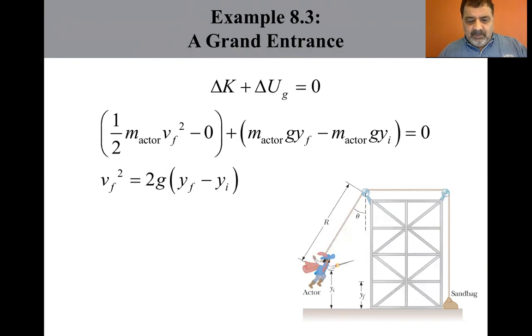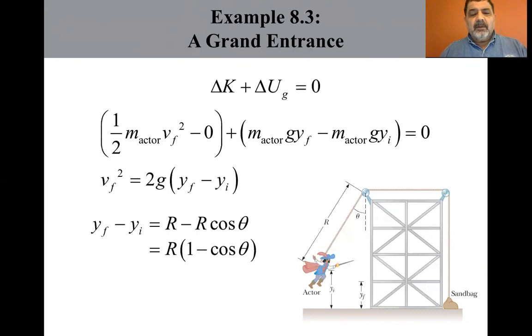And the y final minus y initial is r minus r cosine theta, r times 1 minus cosine theta.